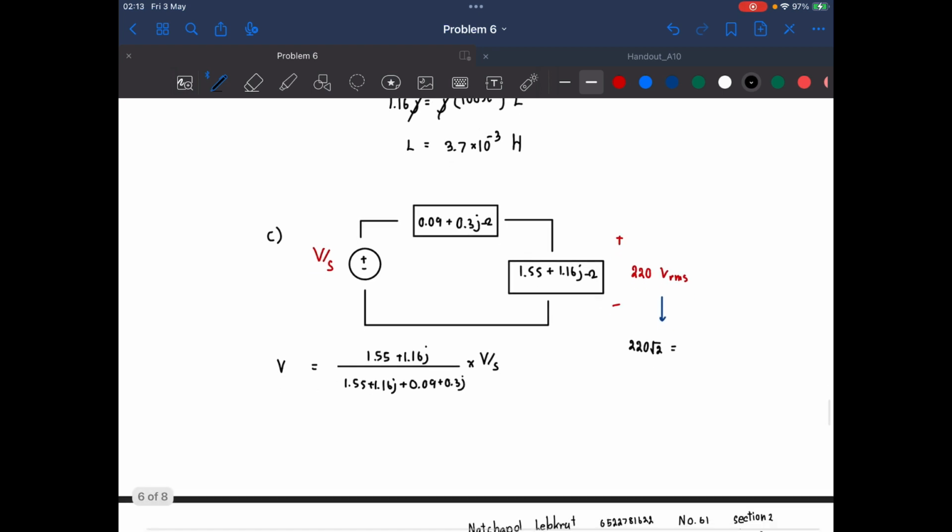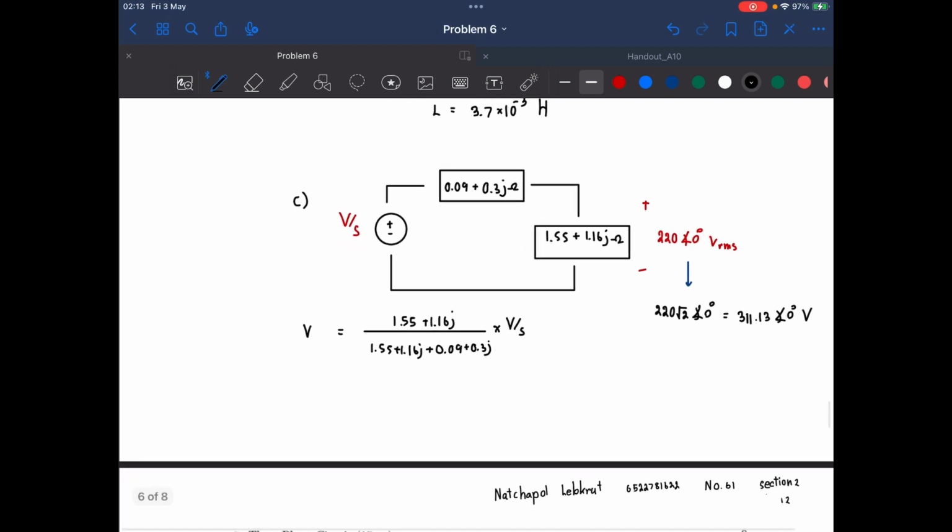So this would be this value, volt, and don't forget to add the phasor here too, which I forgot in the first place. So it's Vs by this term here.